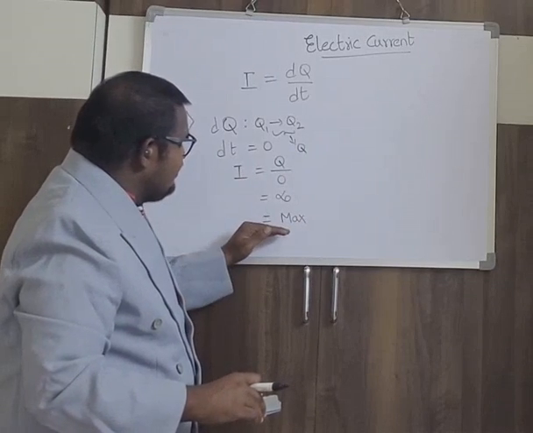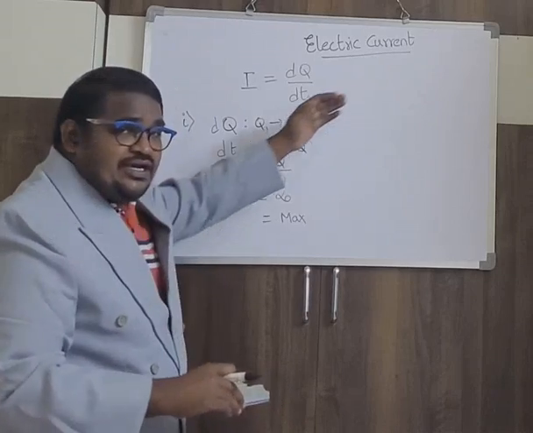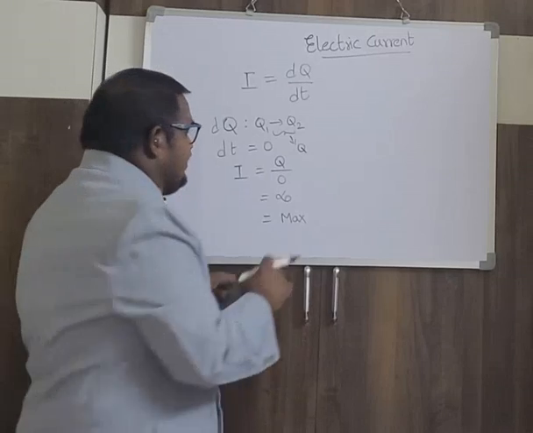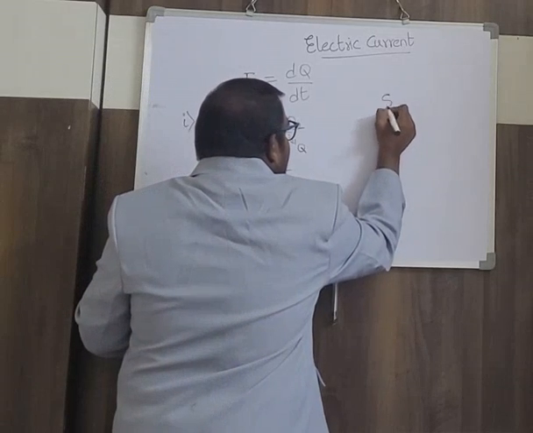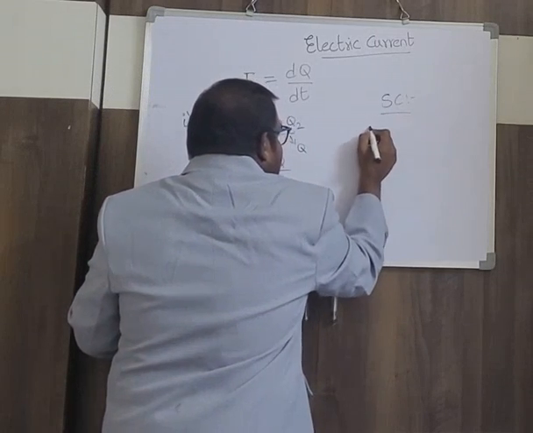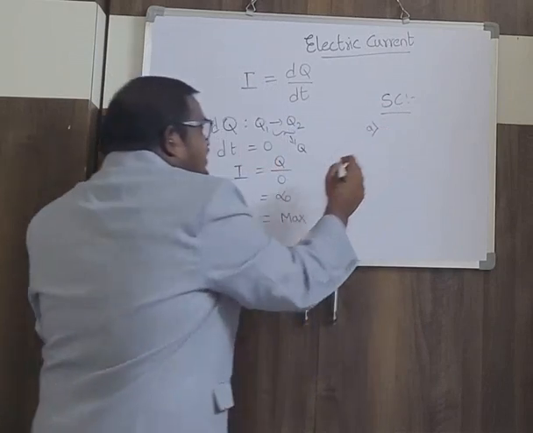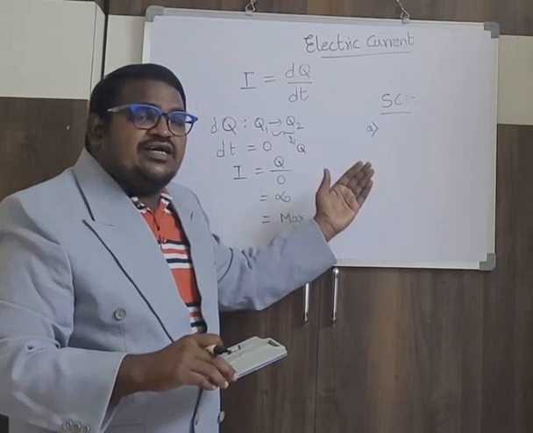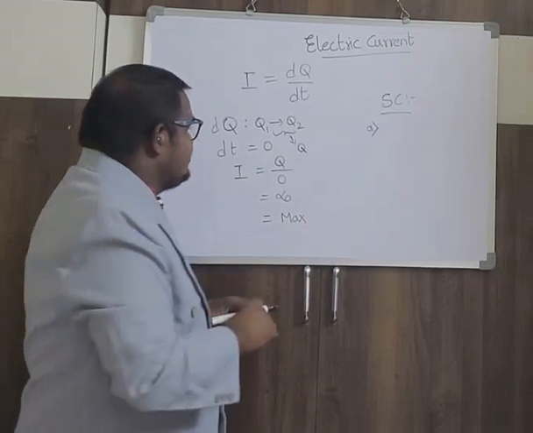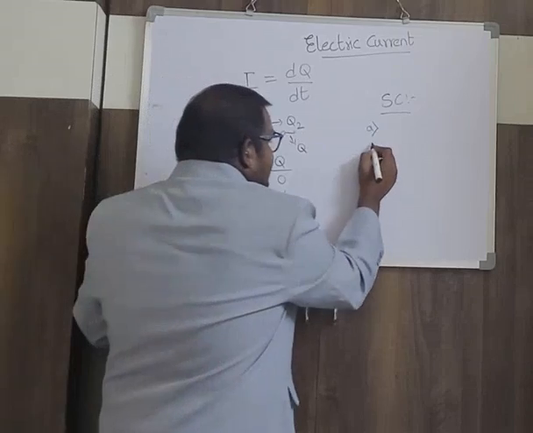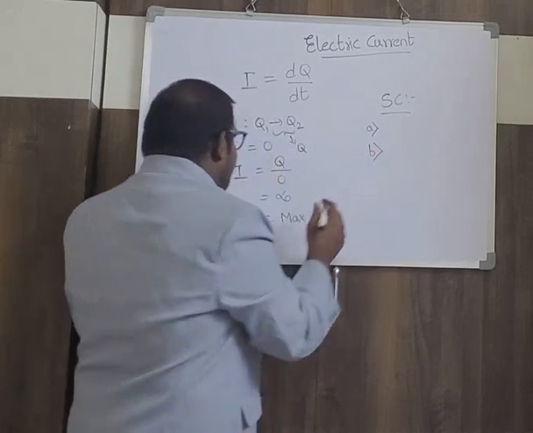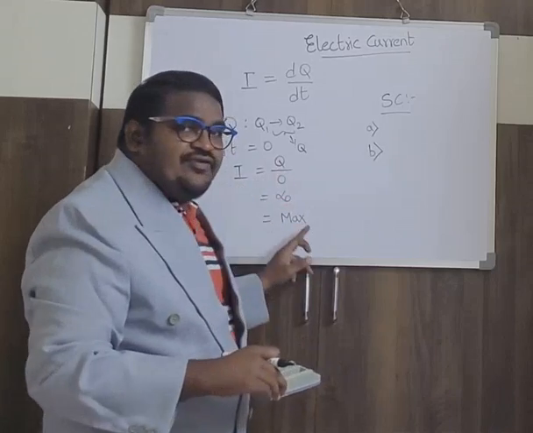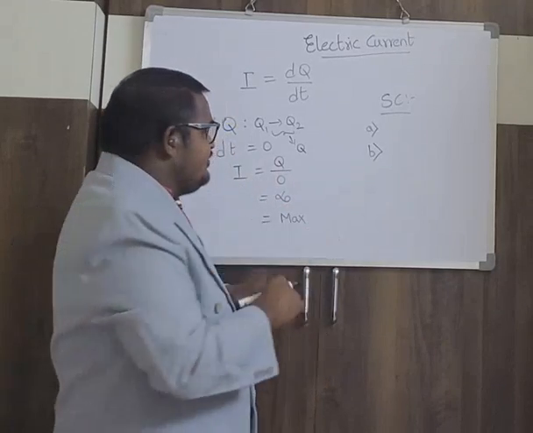As the current is maximum in the short circuit, we can also get some characteristics of the short circuit. First, in the short circuit, the change of charge occurs suddenly. Second, in the short circuit, the value of current is maximum.